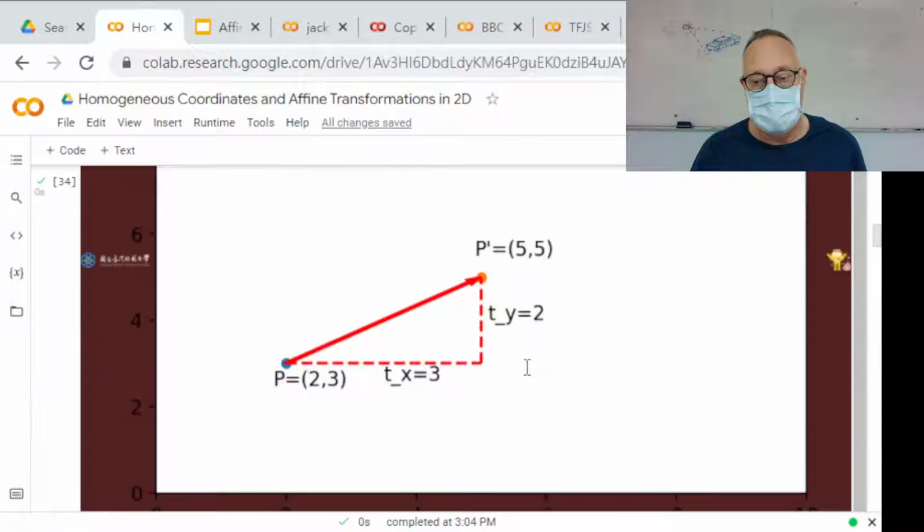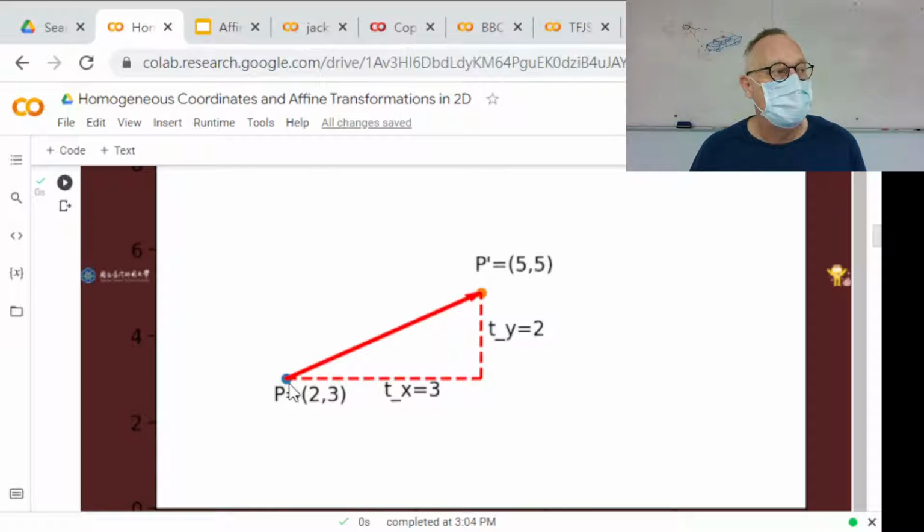So right now I'm talking about point P and we move the point. In robotics, sometimes we don't move the points, but we move the coordinate system. The robot moves, but the points stay the same. In that case, the situation would be reversed.